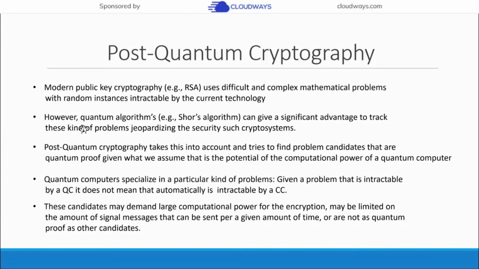However, Shor's algorithm can give significant advantage to tackle these kinds of problems, jeopardizing the security of such crypto systems. So a new technology has been suggested, which we call post-quantum cryptography, which can create more powerful mathematical problems that cannot be easily solved even by a quantum computer.